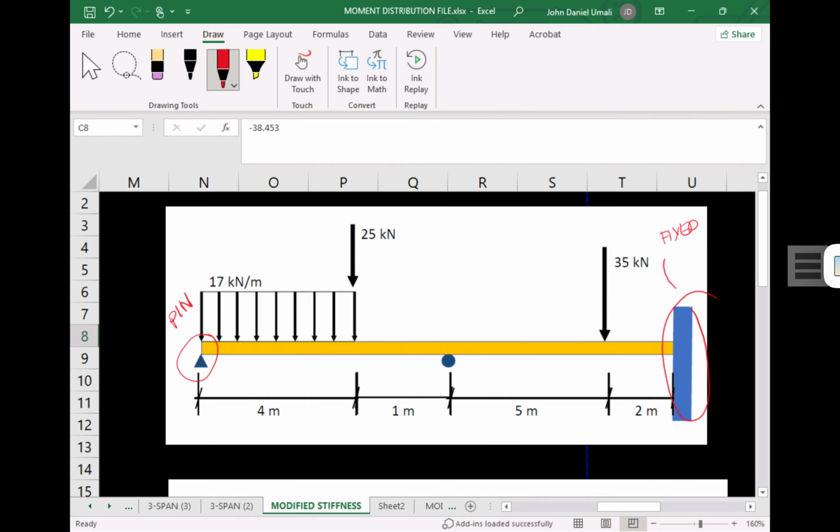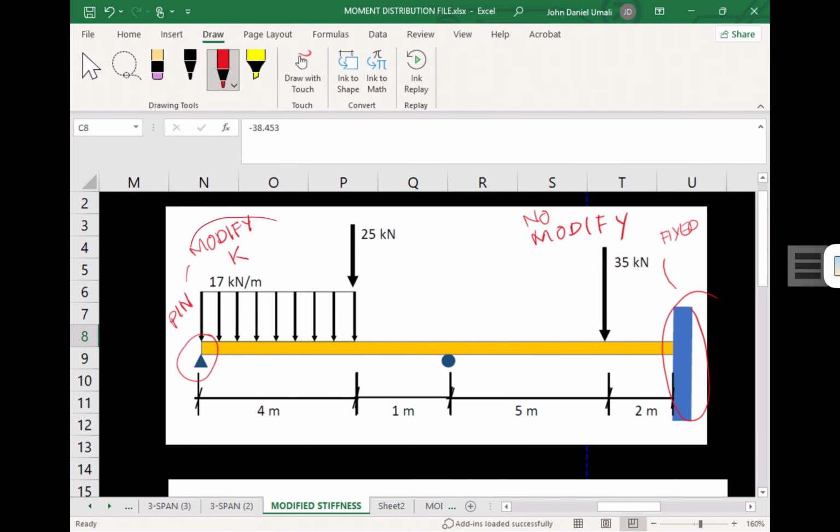Okay, so dito, since this is a pin, we can modify the K. Okay? And then dito, since fix, don't modify. No modification ng mangyari. Okay?